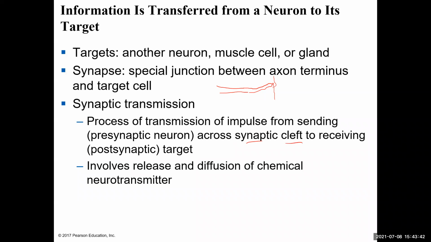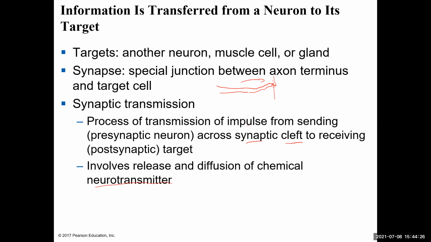And the transmission from the neuron to the muscle cell basically involves these little transmitters, little molecules that will move from the axon terminal across the synaptic cleft to the target cell. And so that impulse will be sent across that gap to the receiving cell, whatever that cell is. And like I mentioned, this involves the release and diffusion of a neurotransmitter. It will diffuse out of the neuron terminal across that synaptic cleft and bind with the target cell.